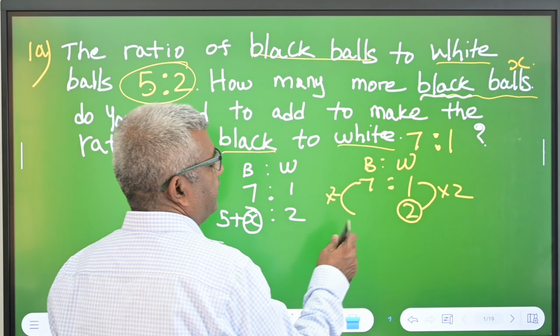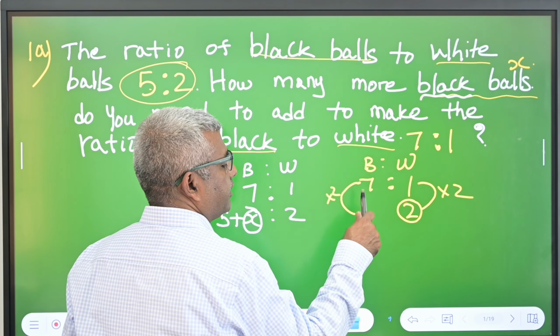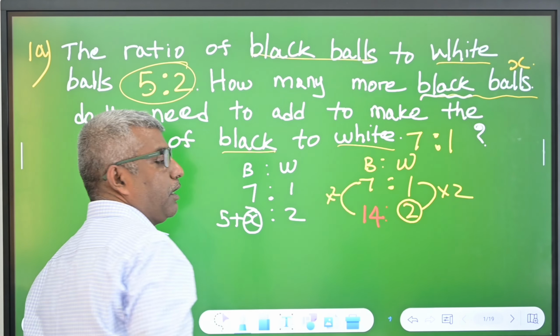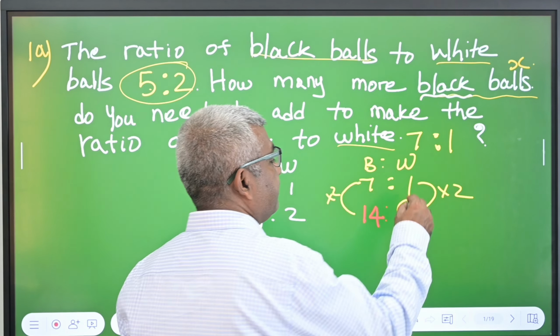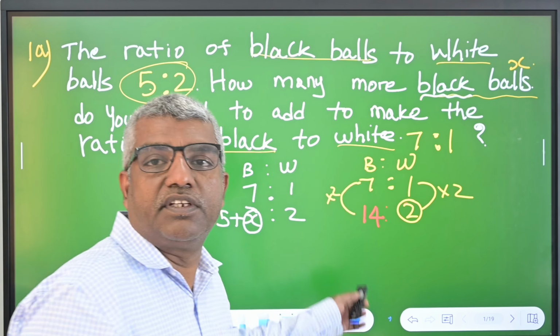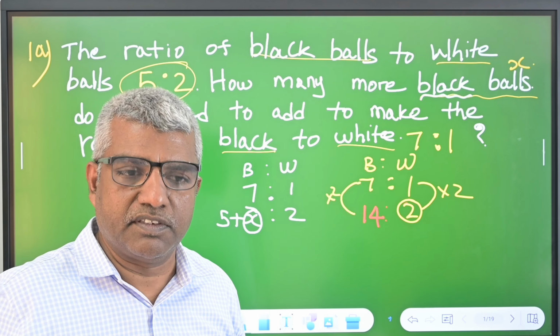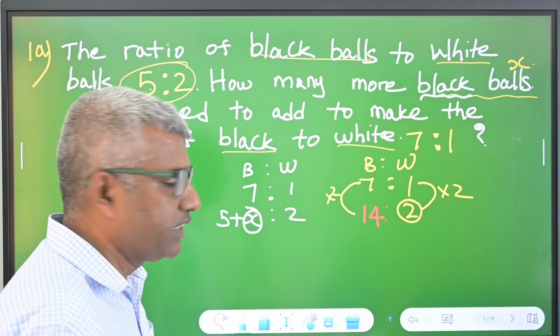Here we added, so 7 times 2 is 14. Why did I multiply by 2? Because here we have to multiply by 2, so here also. Students, get my point? Clear?